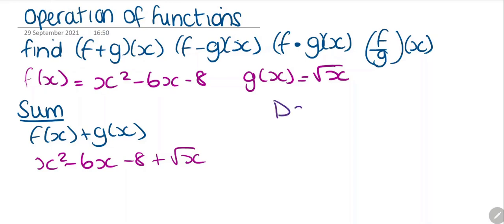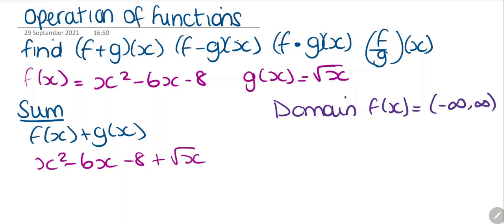So let's have a look at the domain. The domain for f of x, this is a polynomial, so this is just from negative infinity to positive infinity. And g of x, this is a root, so this has got to be greater than or equal to 0. So this is going to be from 0 to infinity.